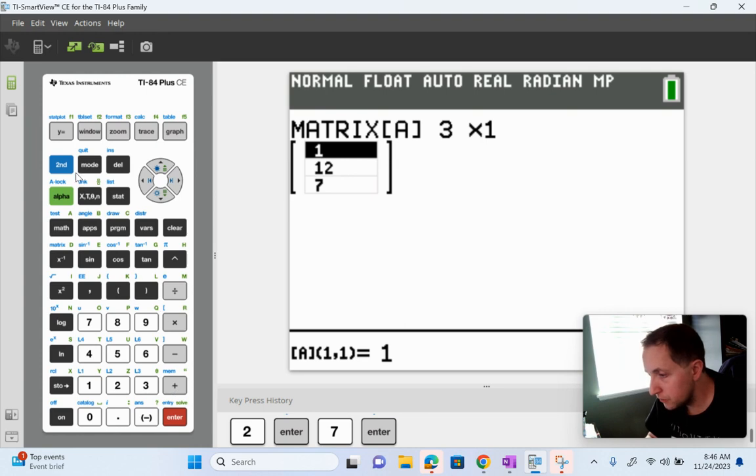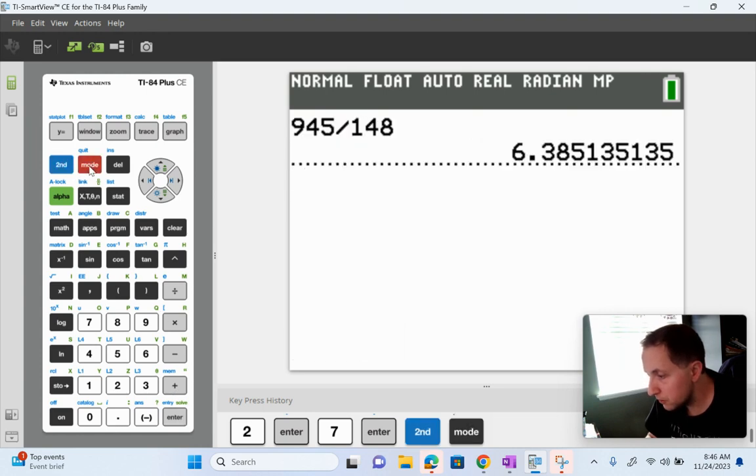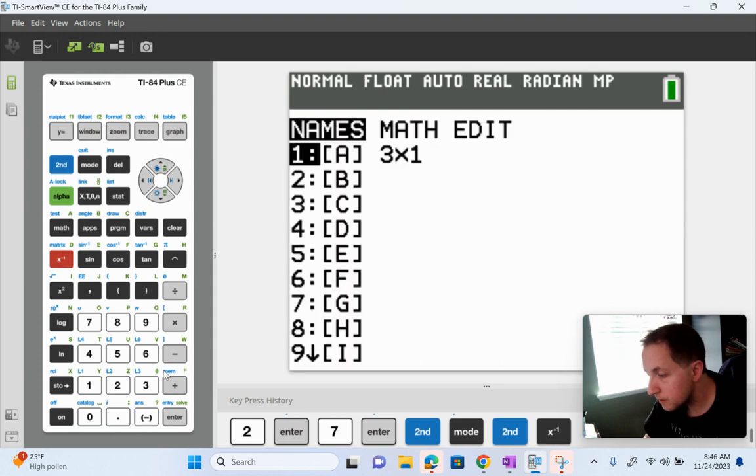Then all I'm going to do on my home screen is A inverse times B. My 3 by 3 inverse times my column vector, my 3 by 1 matrix, will spit out the values of x, y, and z that would solve this system. So I go to second matrix, sorry. You don't have to edit anything.